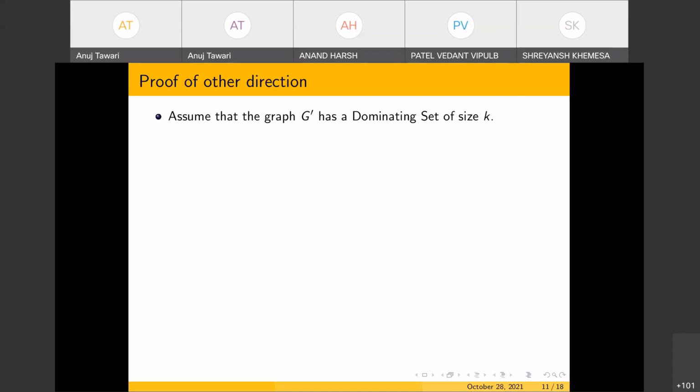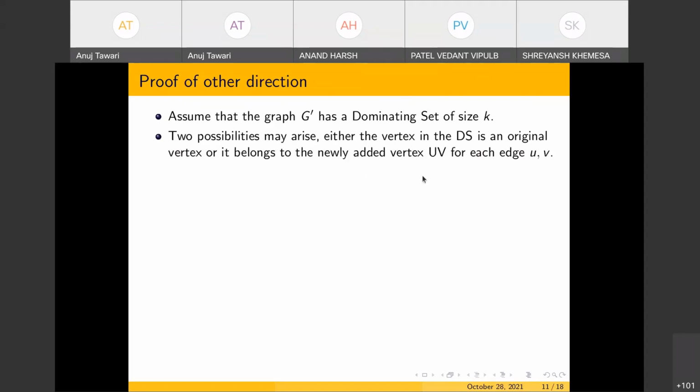Can we show it by removing newly added edges? Yeah, that's exactly the idea. So let's see how the proof goes.